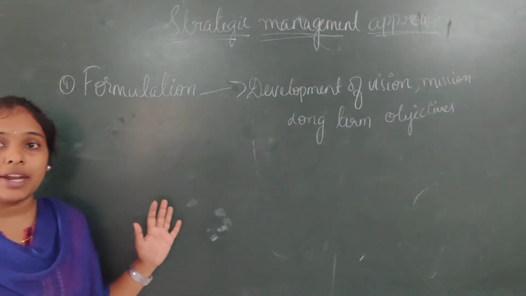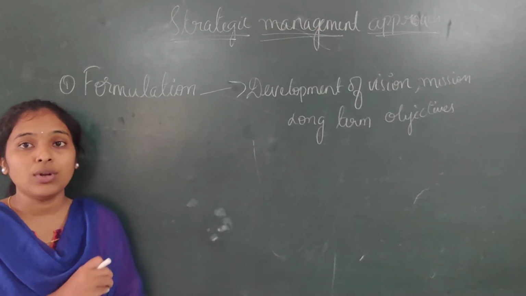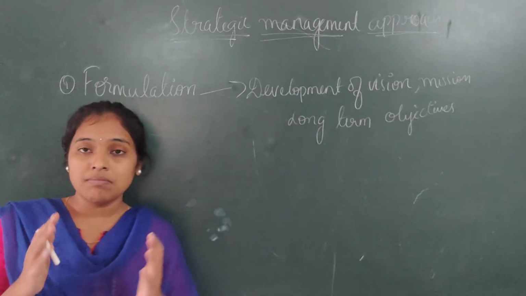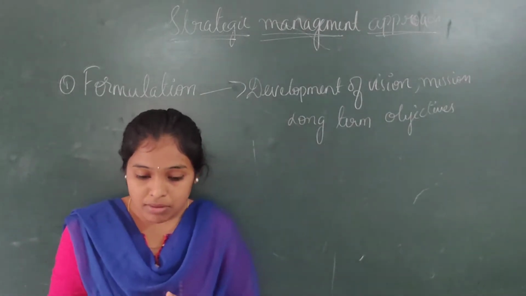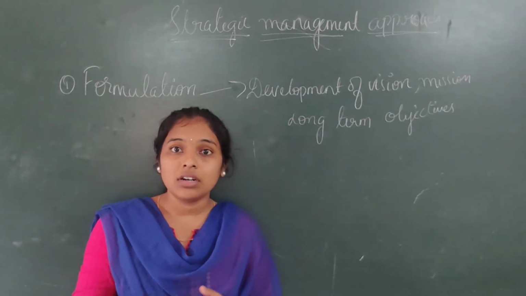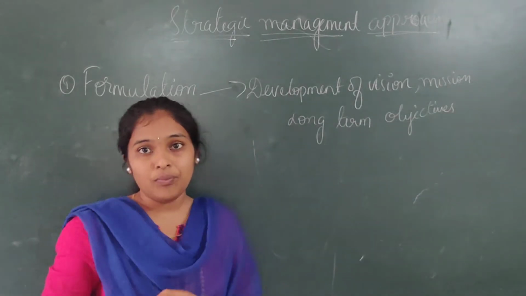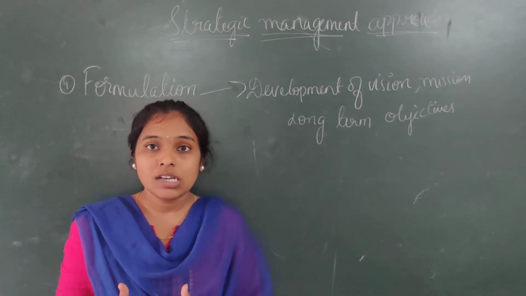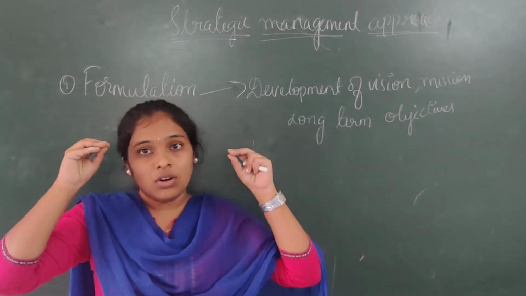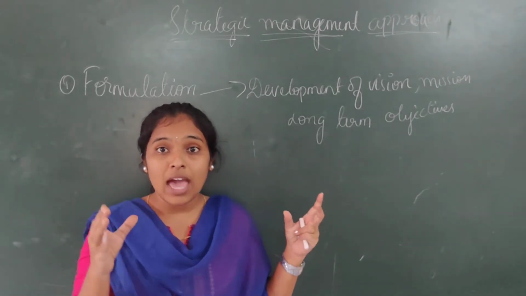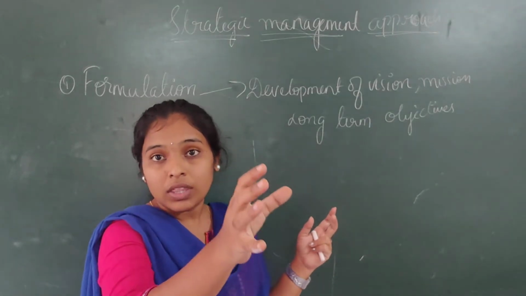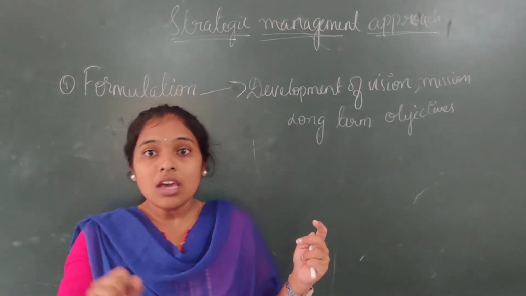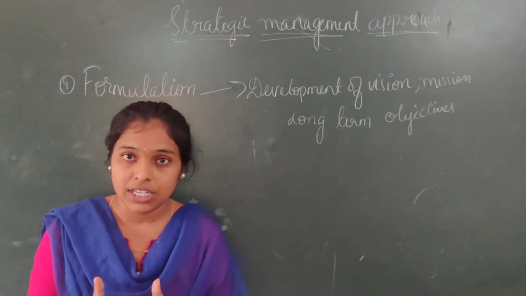In strategic management, they're going to put some strategies in order to develop our mission. For example, I have a mission, I have a vision to reach that goal. So in order to reach that goal, what are the strategies I have to use? See, putting a goal is not an important thing, and also we have to achieve that goal within a time period. So in order to achieve that goal within a time period, we need to implement certain strategies.